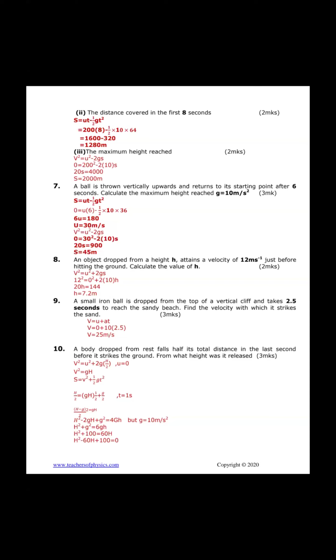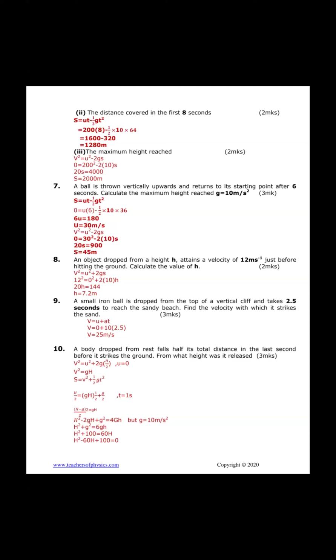The first equation is V is equal to U plus AT. The other one is S is equal to UT plus half AT squared. And the third equation of linear motion is V squared is equal to U squared plus 2AS.